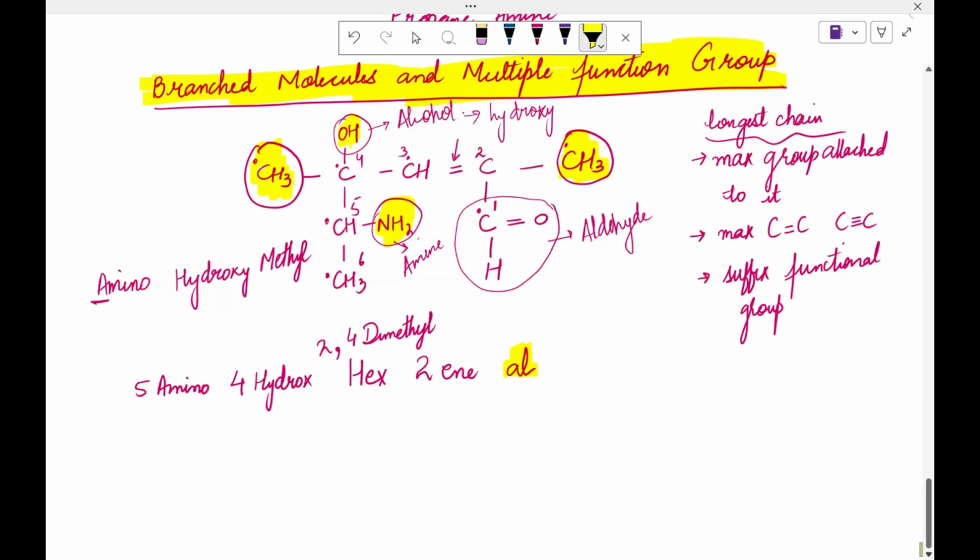So amino, according to alphabet, would come first, then hydroxy, then methyl. That would become 5 amino, 4 hydroxy, and 2,4 dimethyl, hex-2-en-al. Is that clear? Yes. Great. So now let's move further towards the next question.